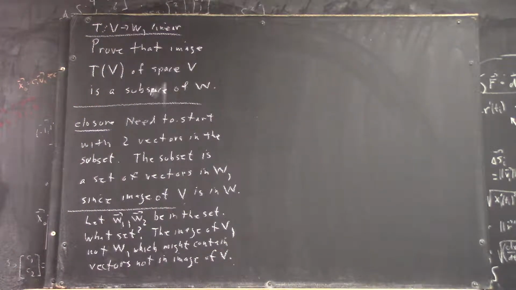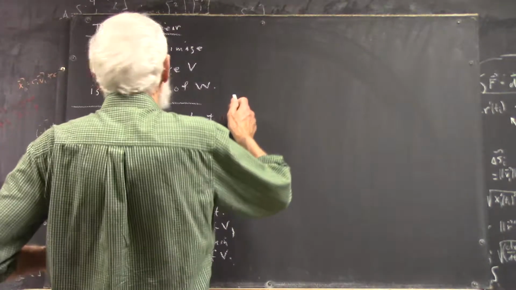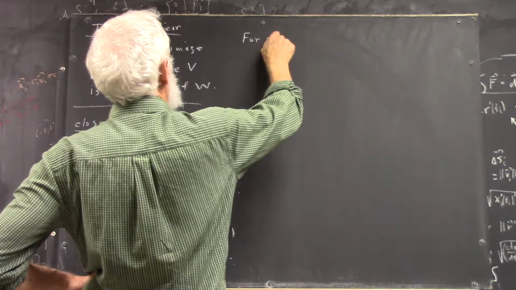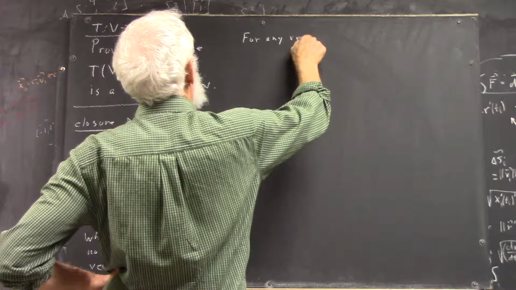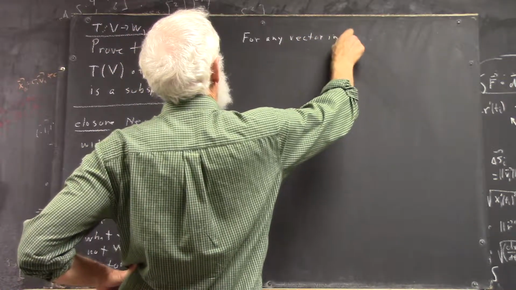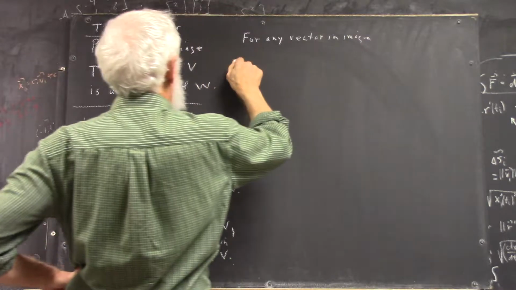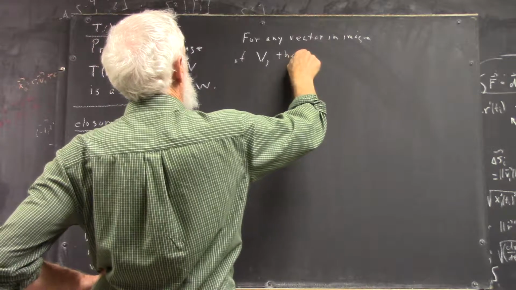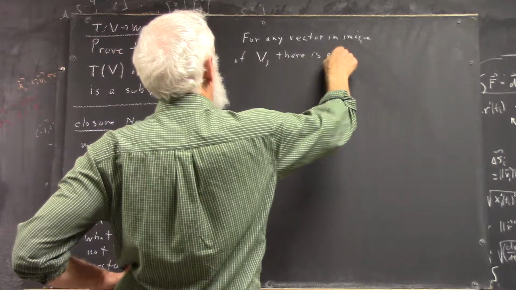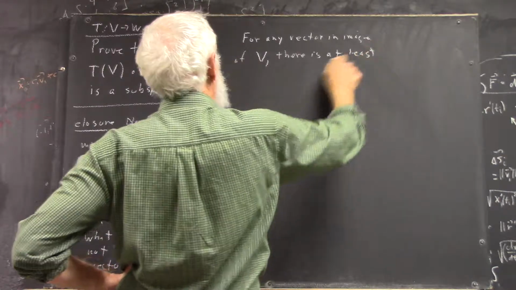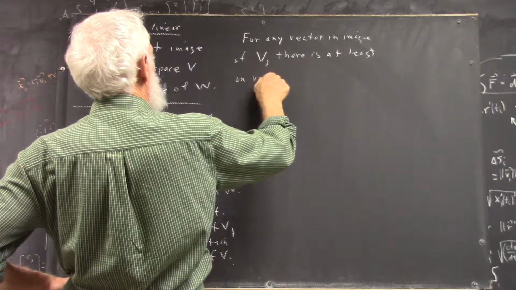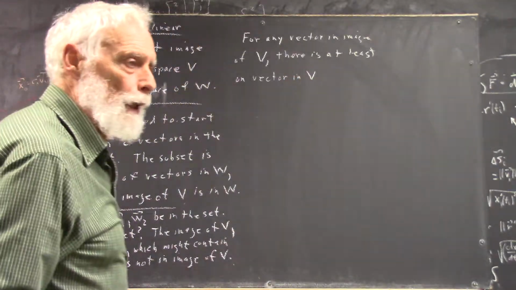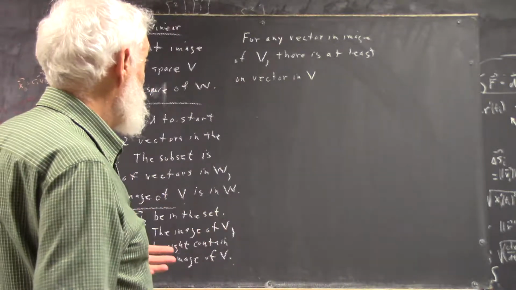So what's that mean? Well, for any vector in the image of V, there's at least one vector in V that gets mapped to that vector in W, okay?